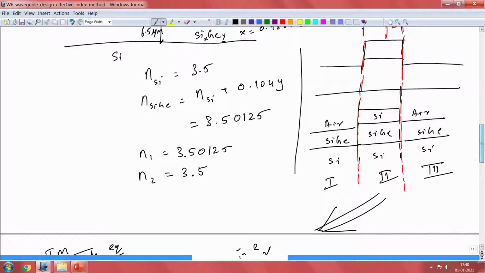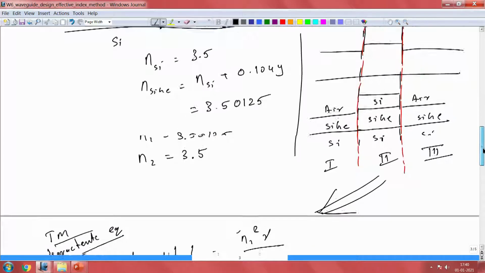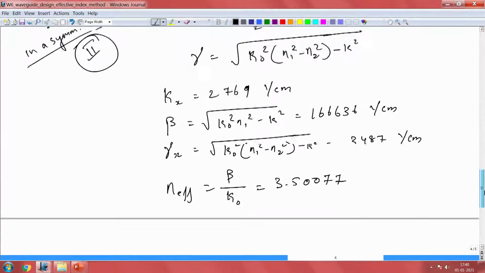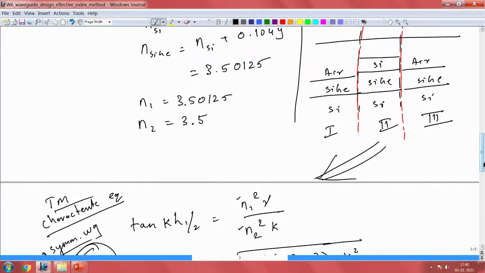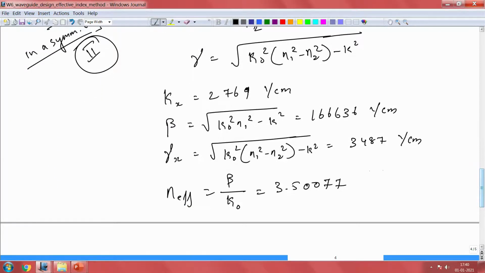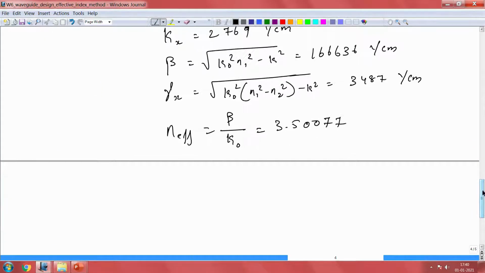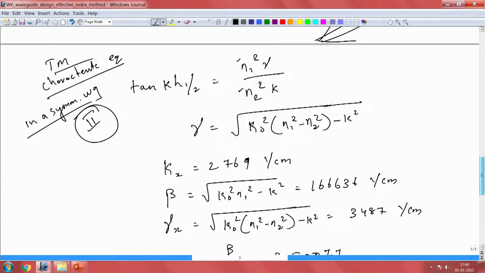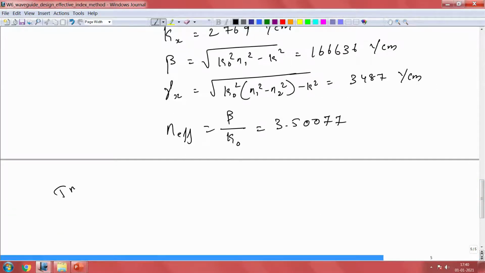I think you would quickly understand, because you have silicon and silicon here. That is why I used the symmetric equation for this particular section, and the effective index is also found.